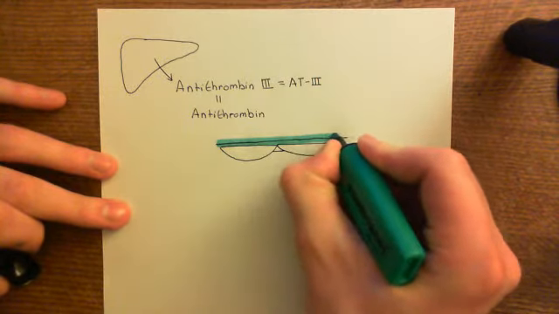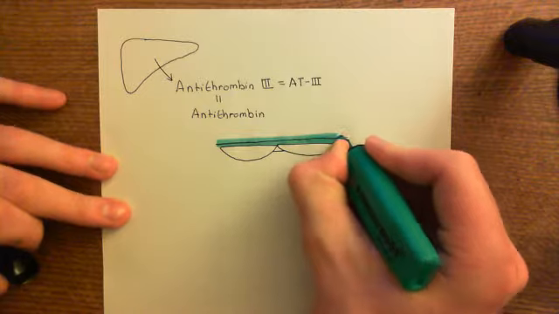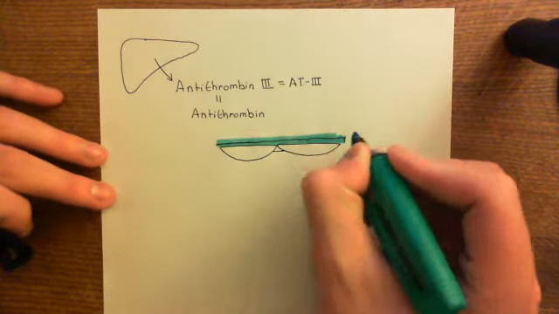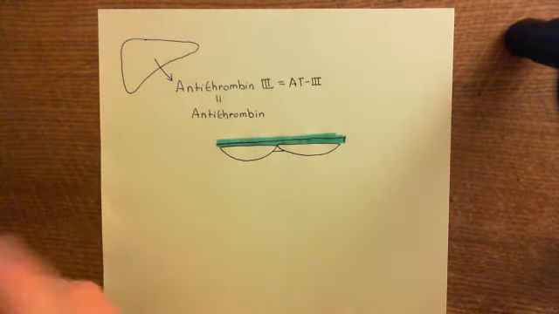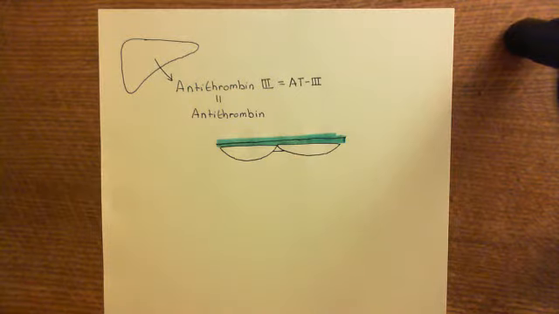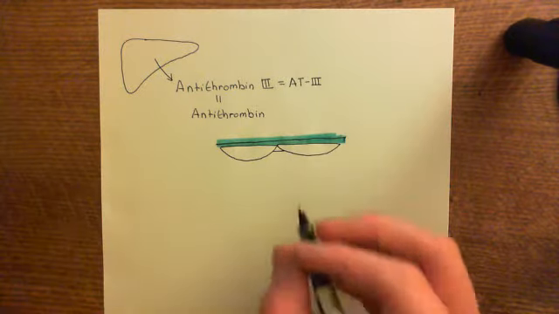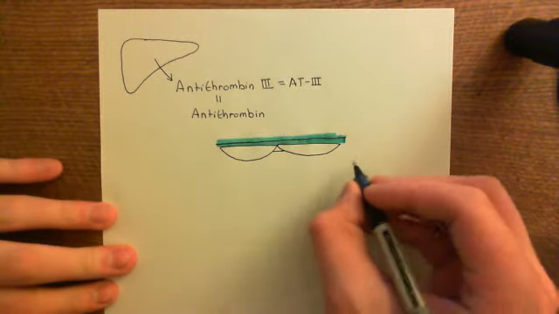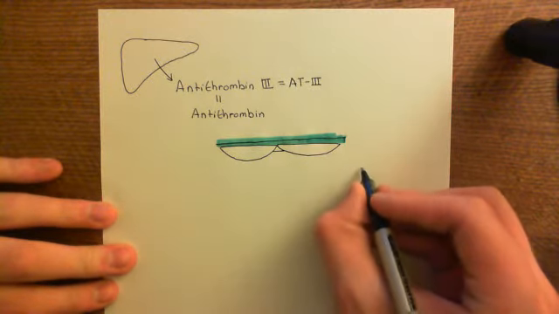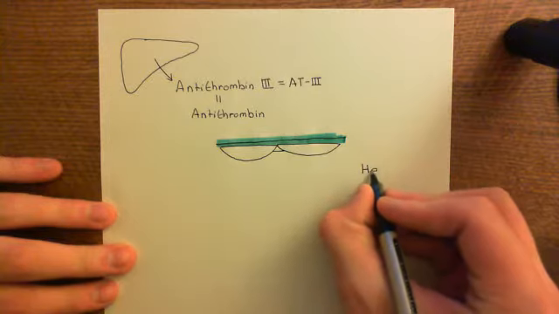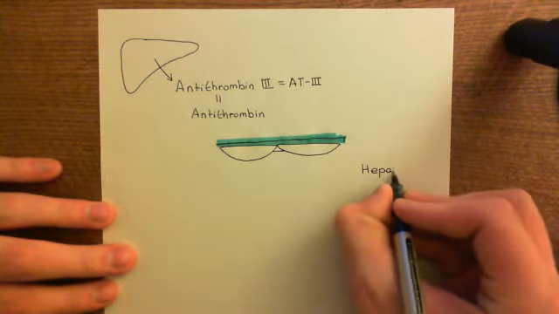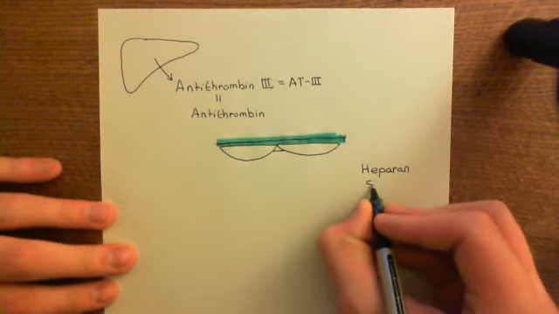So, basically, on the surface of the endothelial cells, there is a glycosaminoglycan, which is basically a polysaccharide called heparan sulfate. Okay, so on the surface of the endothelial cells, you have a polysaccharide known as heparan sulfate.